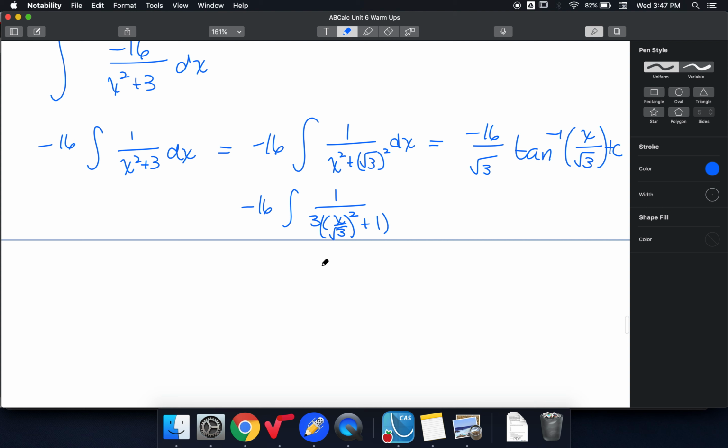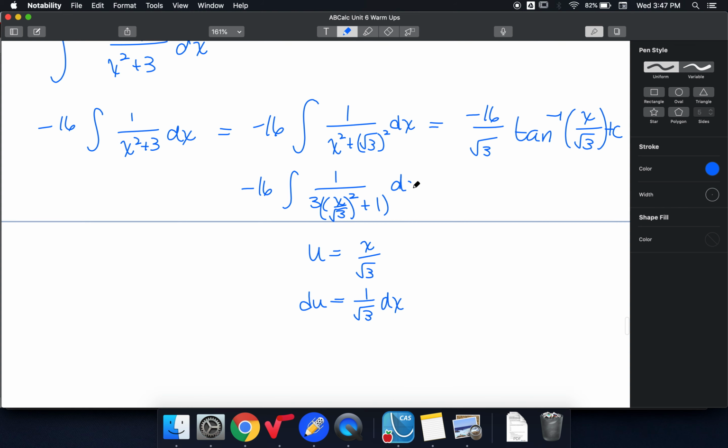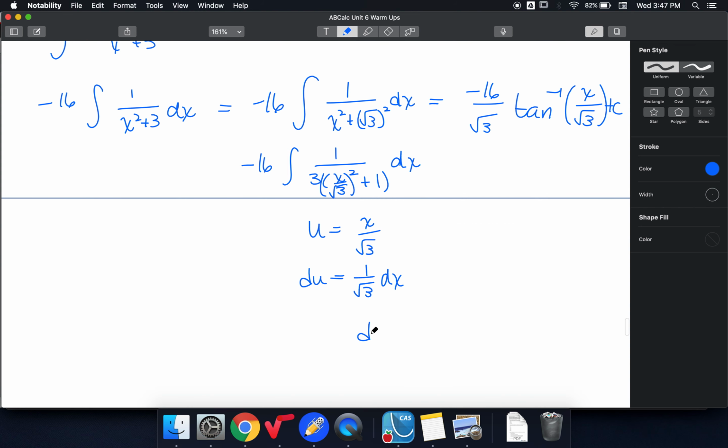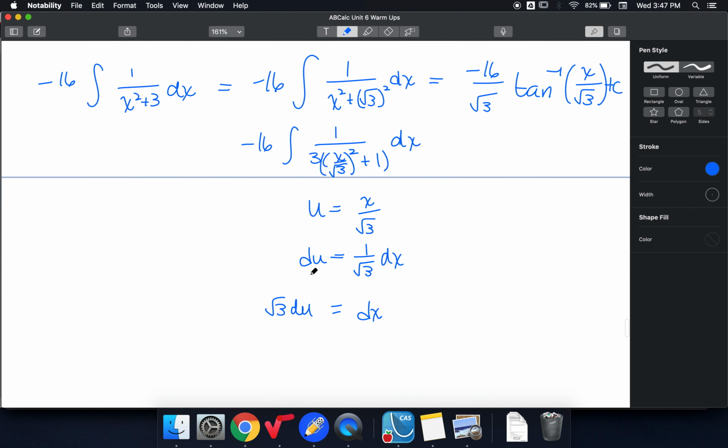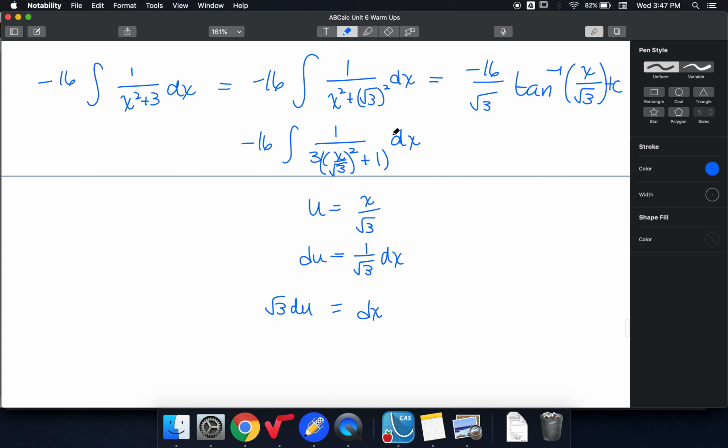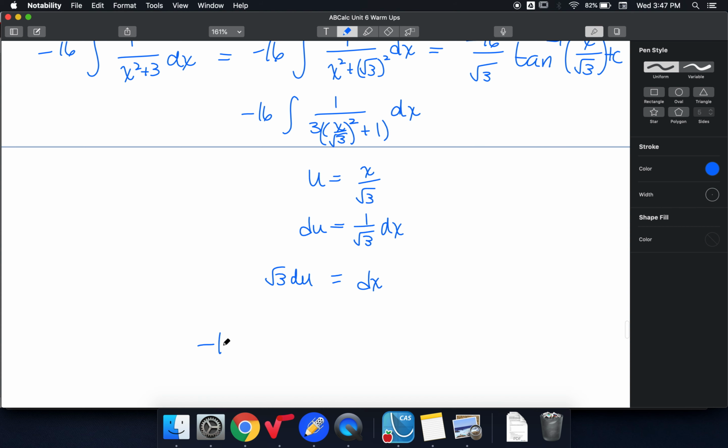So when I do my u substitution, u is x over root 3, du is 1 over root 3 dx. If you wanted to substitute it the other way that we've learned, I could say that dx is the same as root 3 du. So now I'll come in and replace dx. So I'll have negative 16 times root 3 integral 1 over 3 u squared plus 1 du.